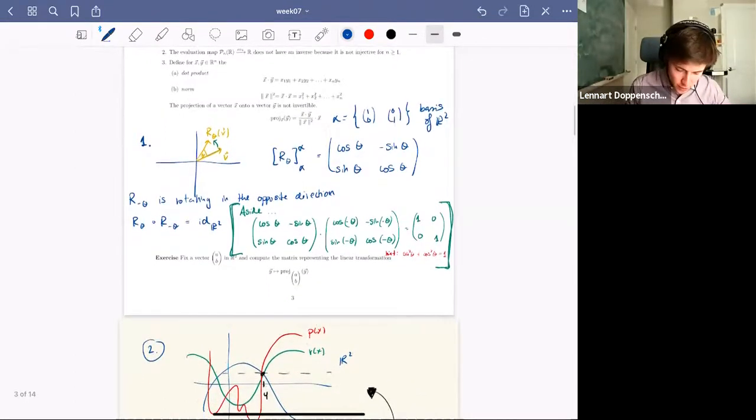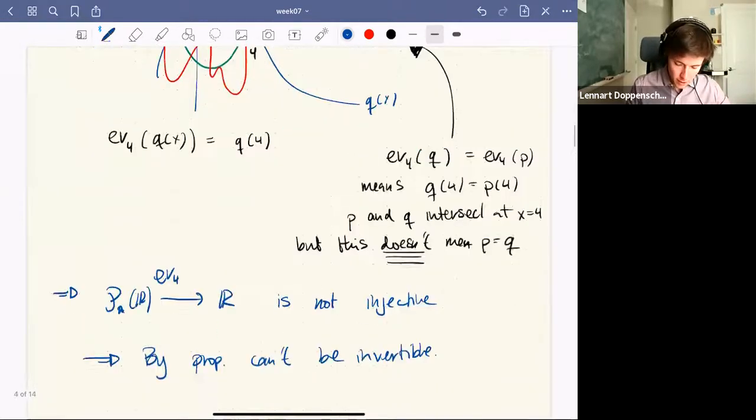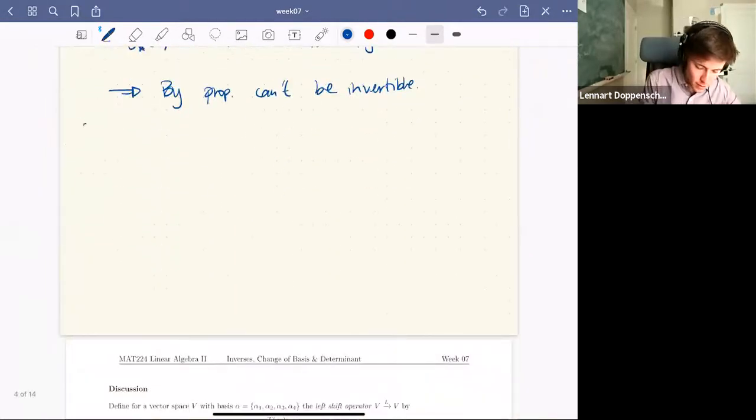Okay, so the last one is a projection, and I didn't define this before, but maybe we can just use the last 5 minutes to look at this. So let me draw a picture for this first, and then I'm gonna explain this with math.